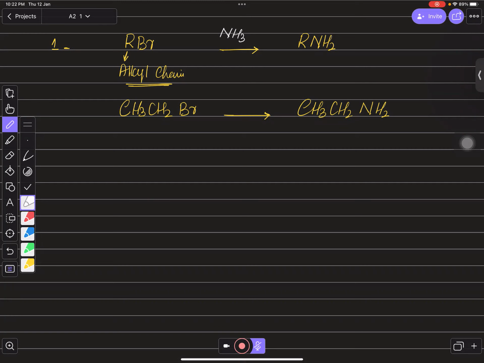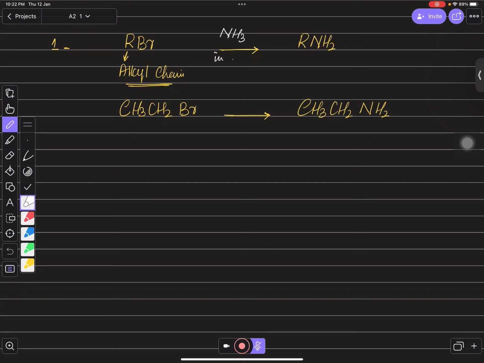Keep in mind, if you talk about halogenoalkanes, you cannot use aqueous conditions, because whenever you use aqueous conditions, the halogenoalkane is going to be converted into alcohols. So remember this: if you are converting halogenoalkanes into nitriles, or into amines, you need to remember the reagents are in ethanol, right?